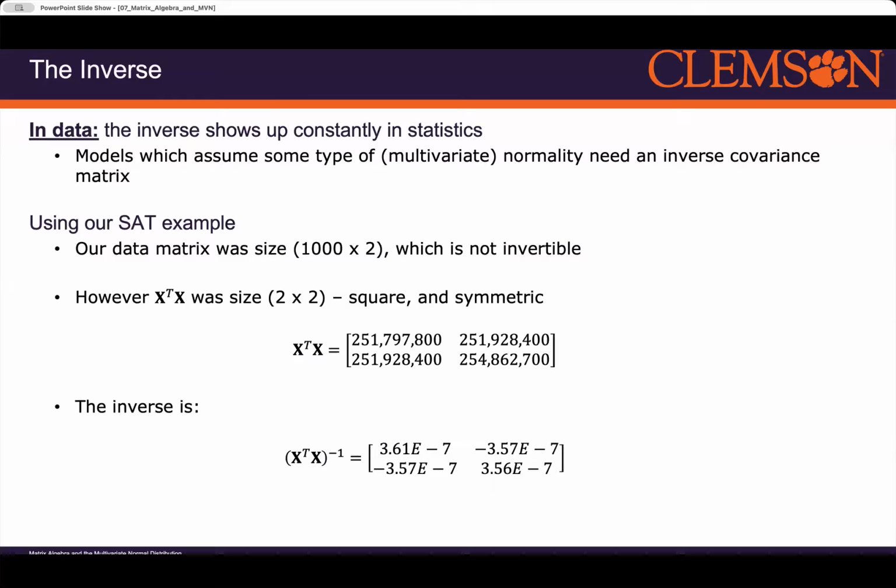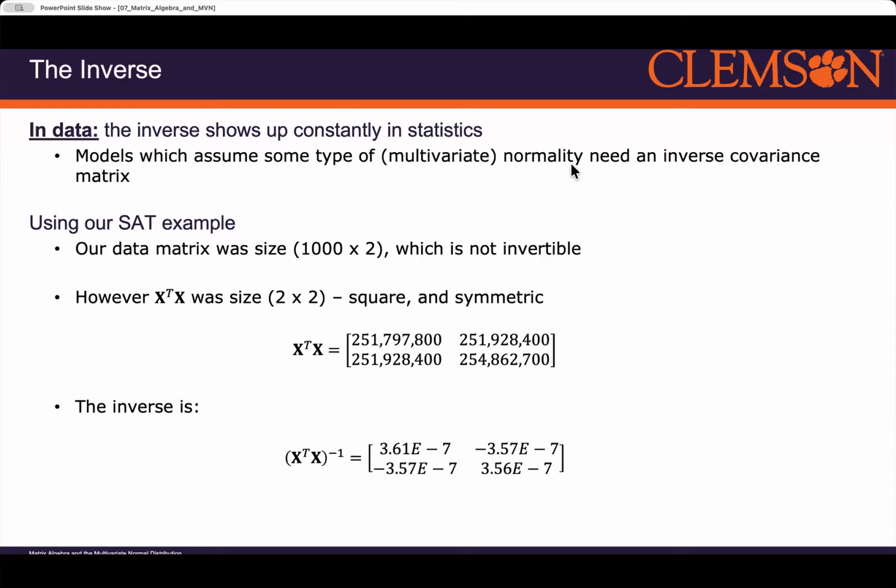The inverse itself shows up constantly in statistics. You may remember that the first formula we had was X transpose X inverse, when I showed it at the beginning of this lecture. Where we typically find the matrix inverse is in models which assume some type of multivariate normality.